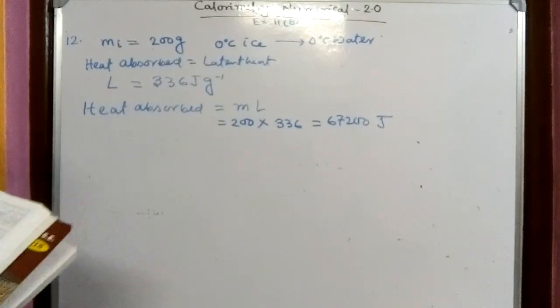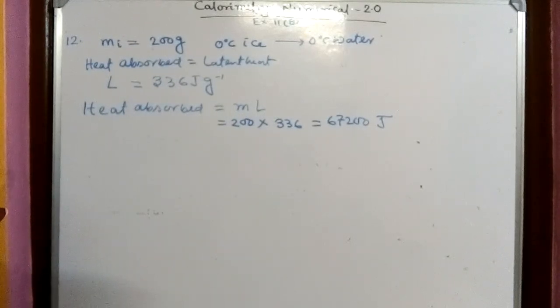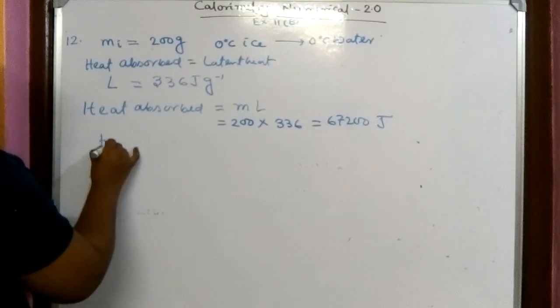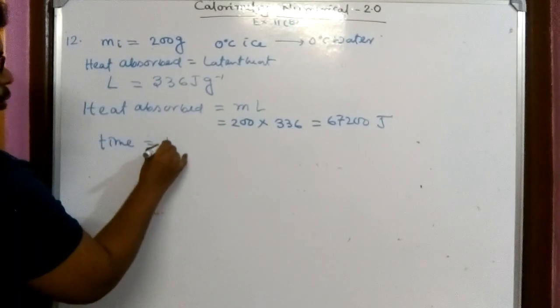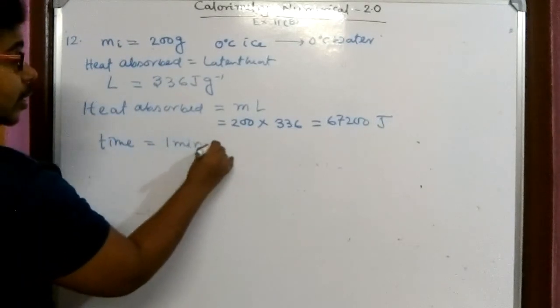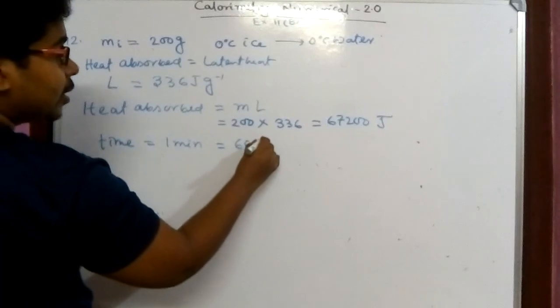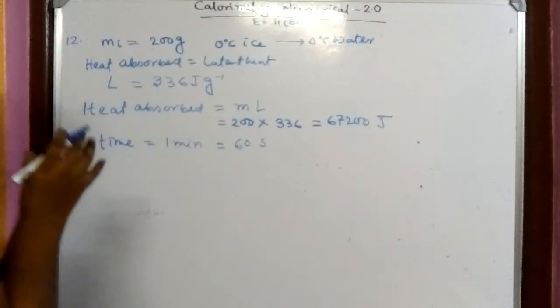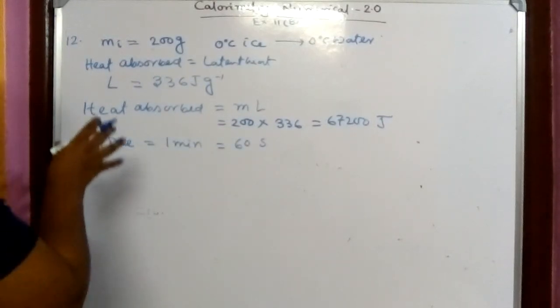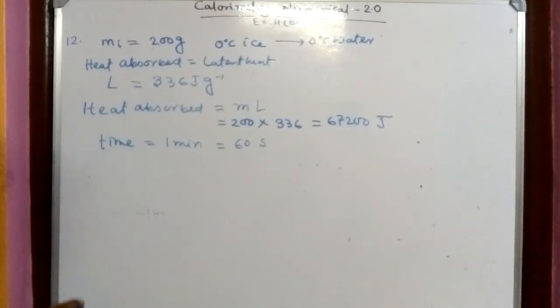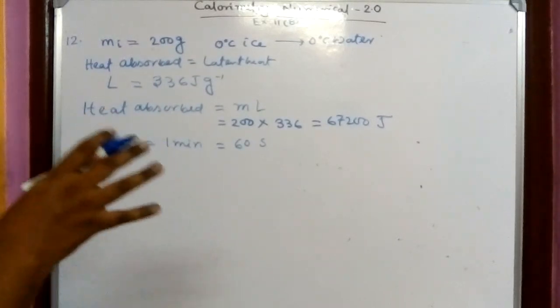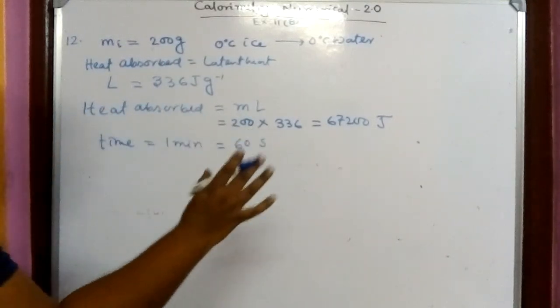It is told that this much amount of heat energy is supplied in 1 minute. Here one thing is mentioned, that is time equals 1 minute, means 60 seconds. Heat absorbed means this is your total heat, that means energy.